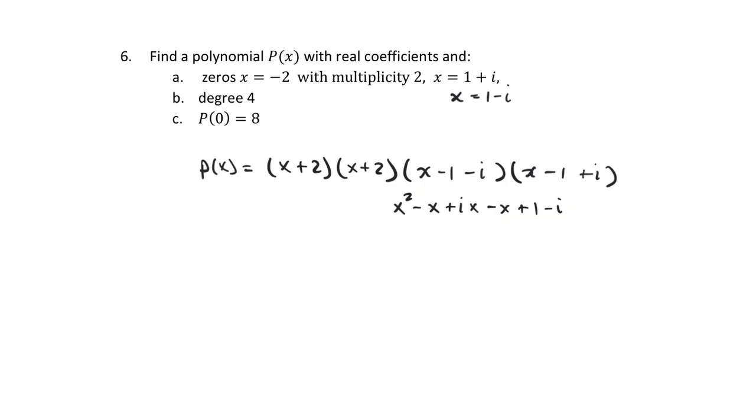And then finally distribute this negative i to all three terms. So negative i times x is negative ix. Negative i times positive 1 is positive i. And negative i times positive i is negative i squared. So those two terms cancel out. Those two terms cancel out. Remember, i squared is negative 1.